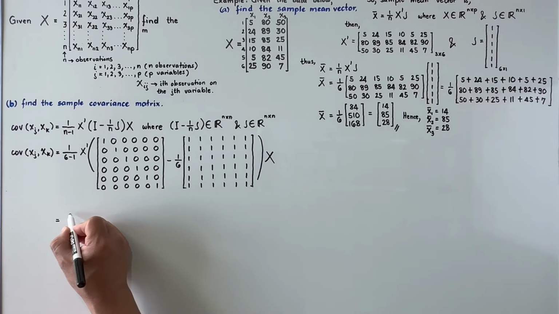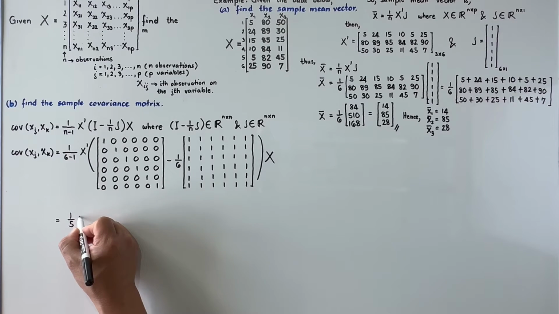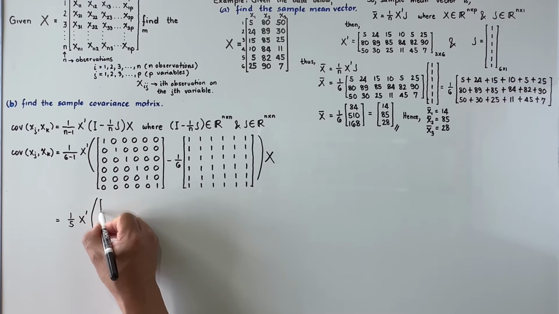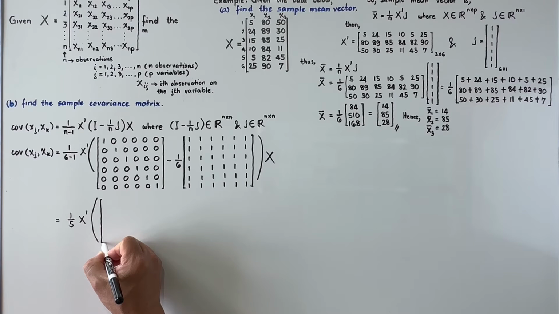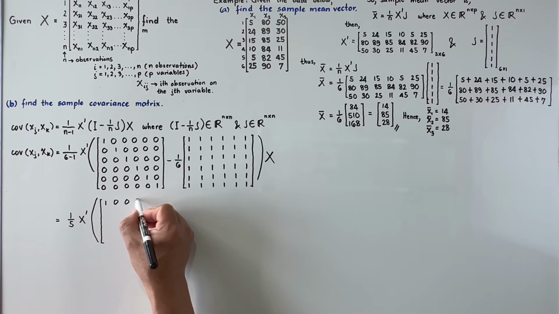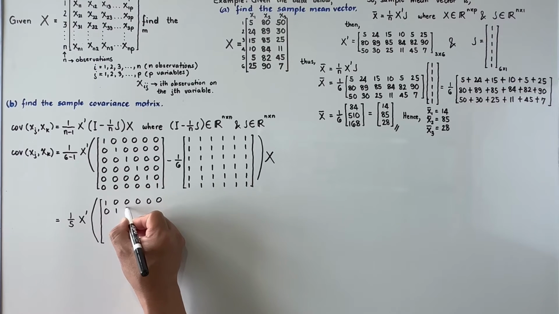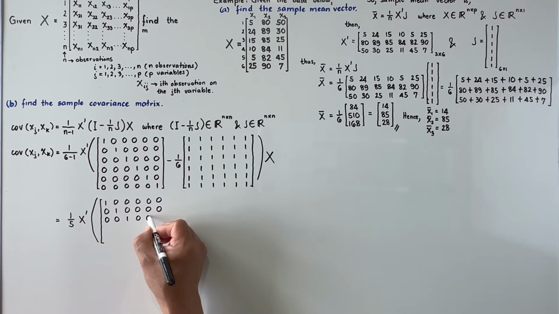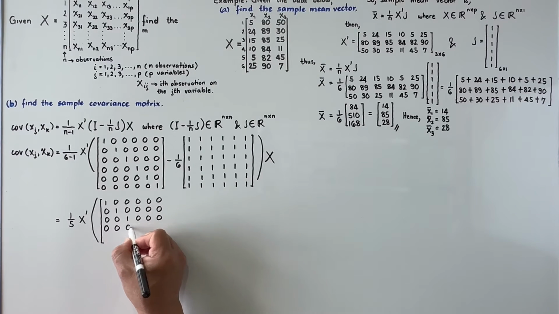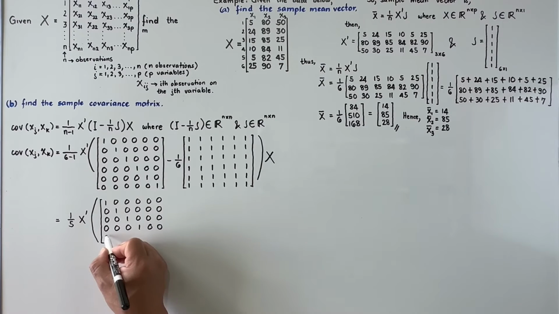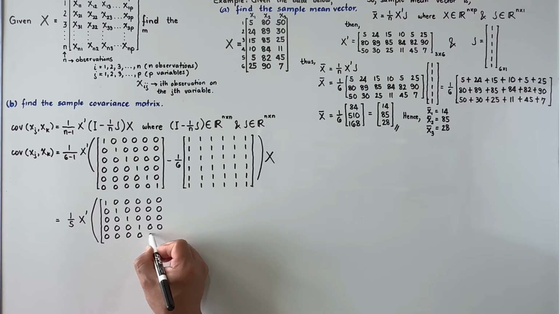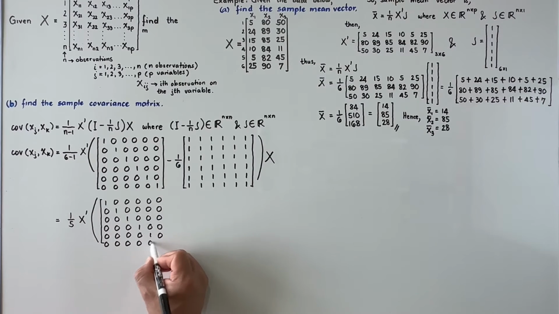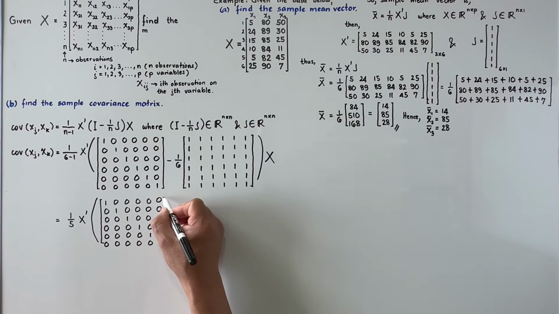So this is equal to 1/5 of the X transpose times this matrix, the identity matrix here, which is 1, 0, 0, 0, 0, 0, and 0, 1, 0, 0, 0, 0, and so on, down to the last row, which is all zeros but with a 1 in the last element.